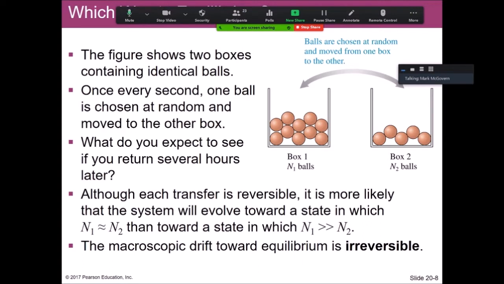And it has a lot to do with the fact that the balls will interact with each other. Here, the balls aren't interacting with each other. So statistically speaking, if we had 100 balls and 100 balls, is it possible that every time you select a random ball, you select one from box 2? Sure. If the balls interact in some way, though, and that influences how they're selected, well, that's a different story now.